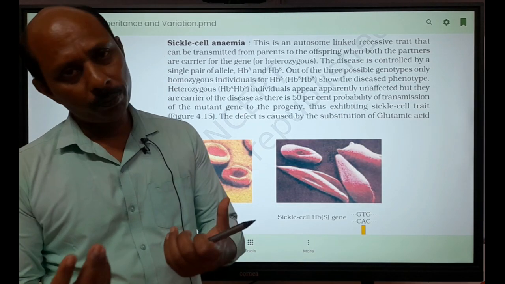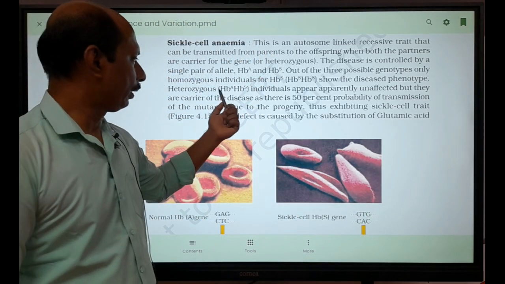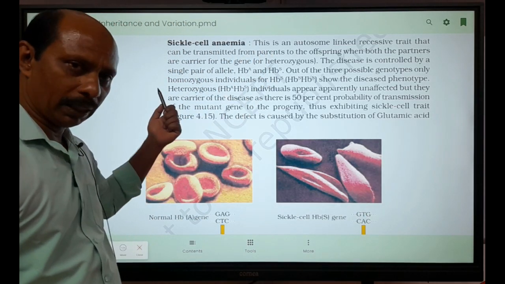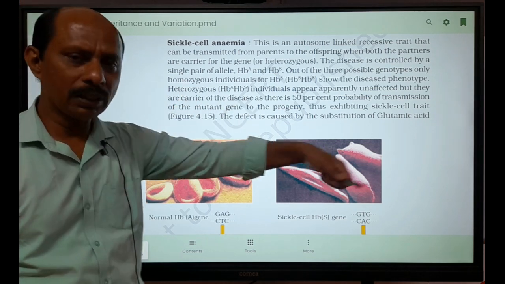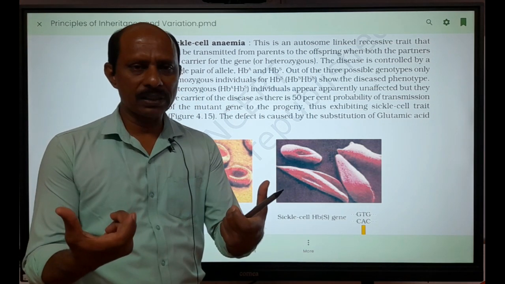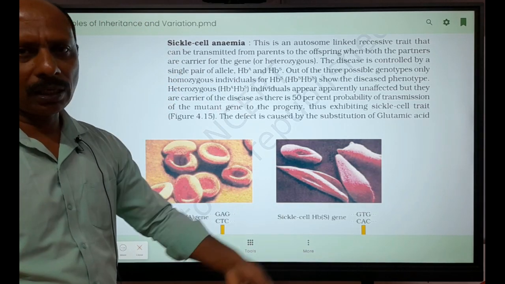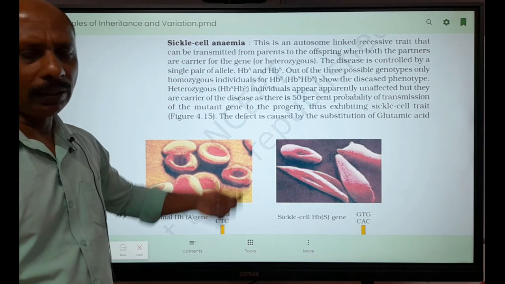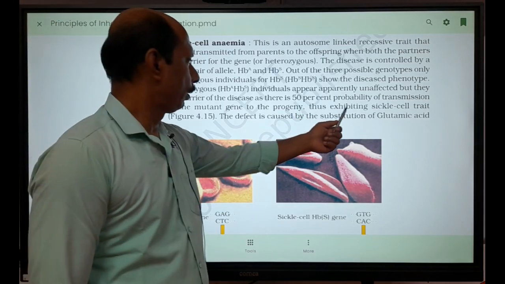We have 2 genes, so one goes to one gamete and HbS goes to another, so 2 different types of gametes are formed. If fertilization occurs through HbS, it is transmitted. Fertilization through HbA, no transmission, so 50% chance, right?